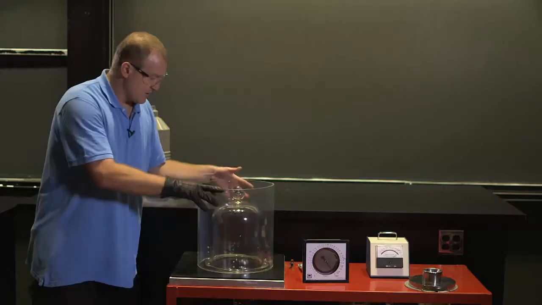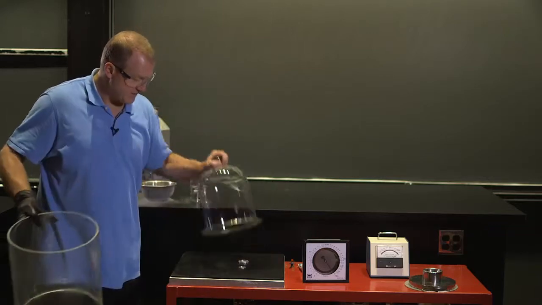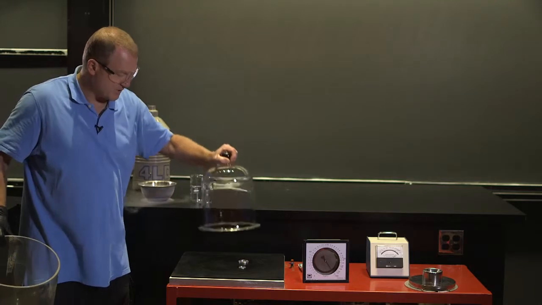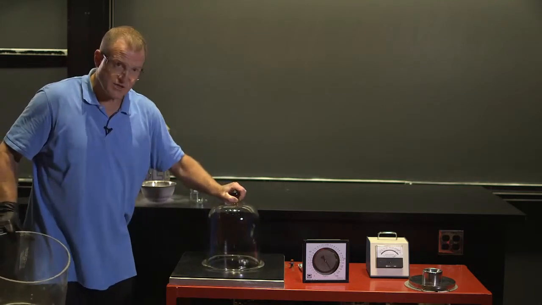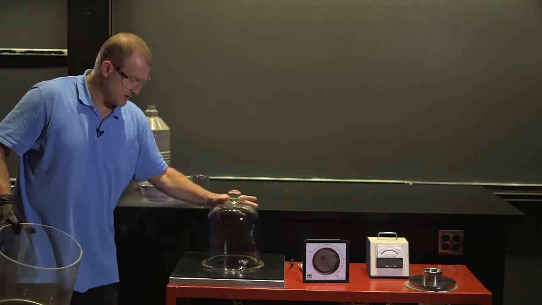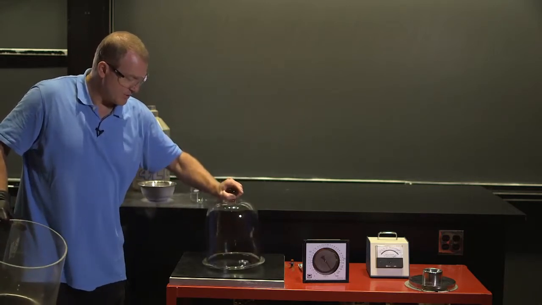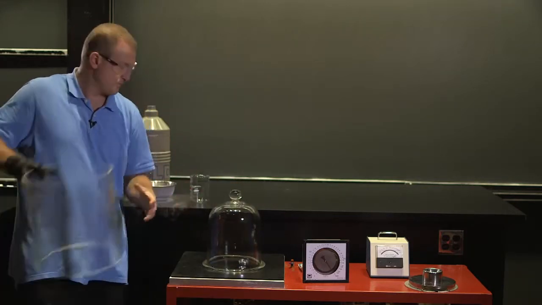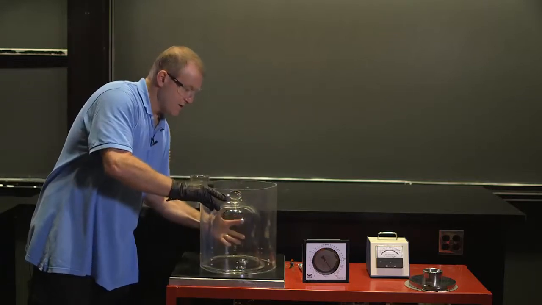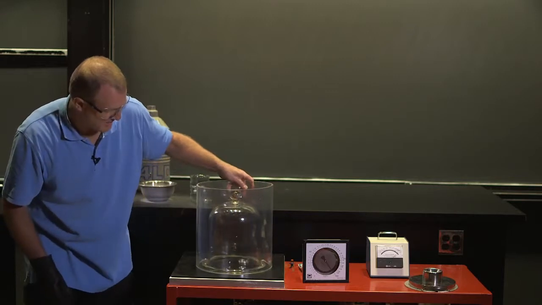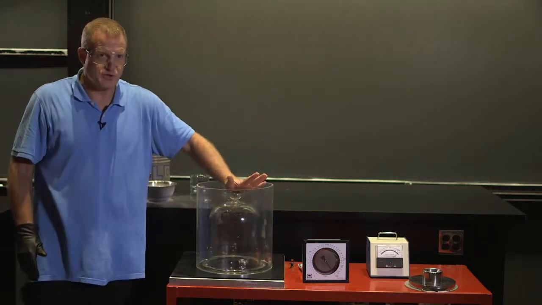On top, we have an aluminum block with a rubber top so that the bell jar will seal against the rubber. The holes are where we're pulling the air. This plexiglass shield is to keep us safe in the event that the glass bell jar should break.